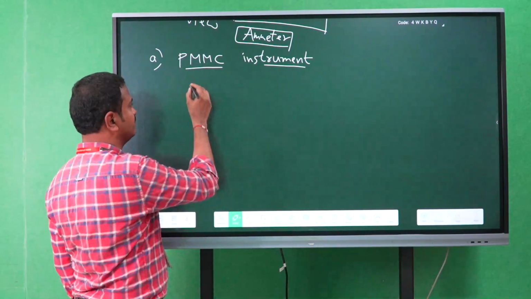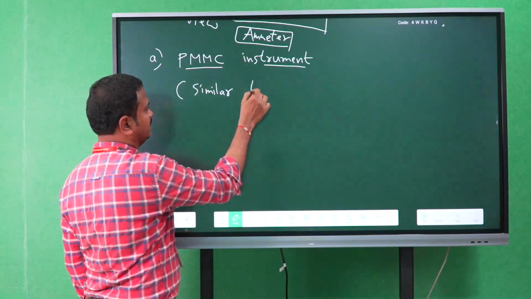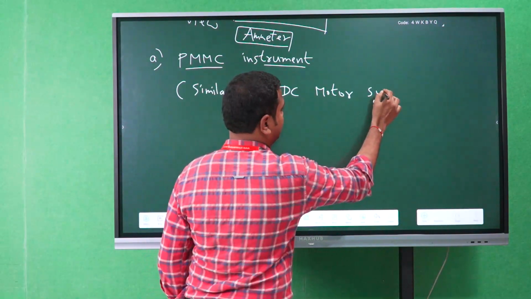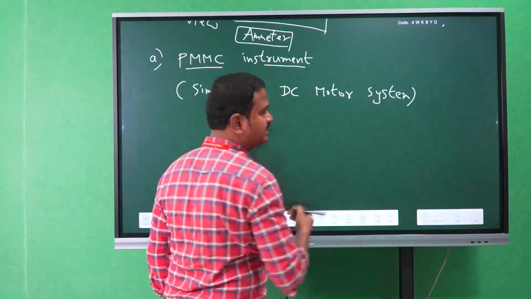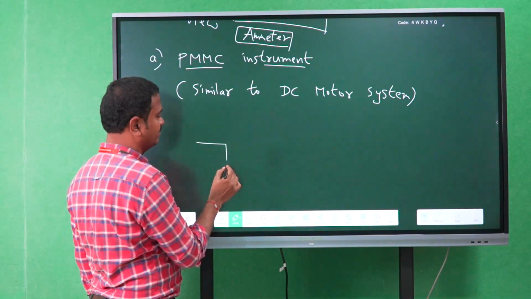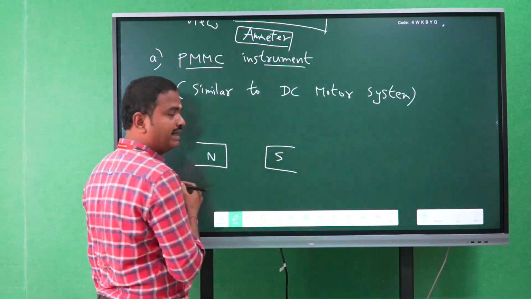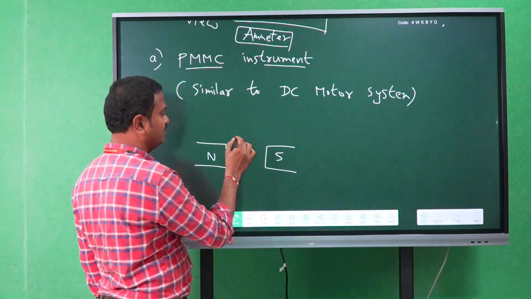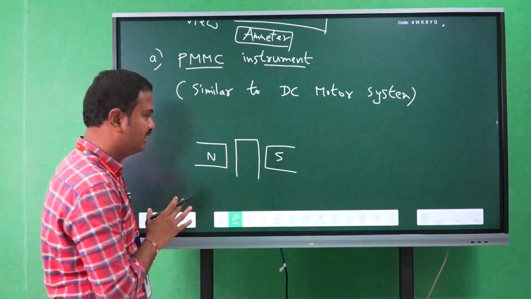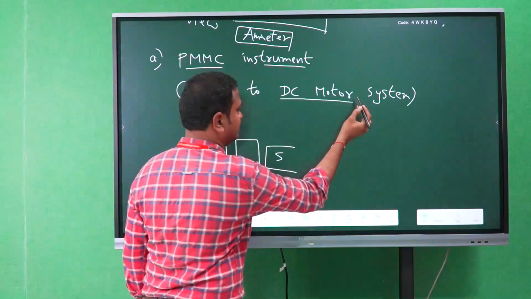The electromagnetic system is similar to a DC motor system, because in the DC motor also we are using magnets, and inside the magnetic field we have a coil. So here also the deflecting system is similar to a DC motor system.